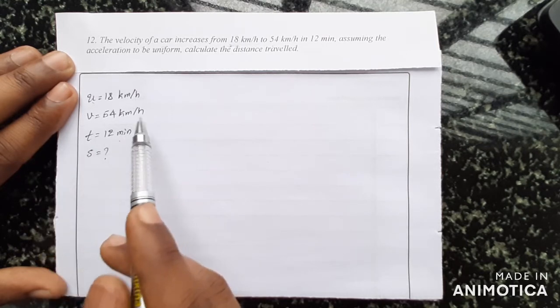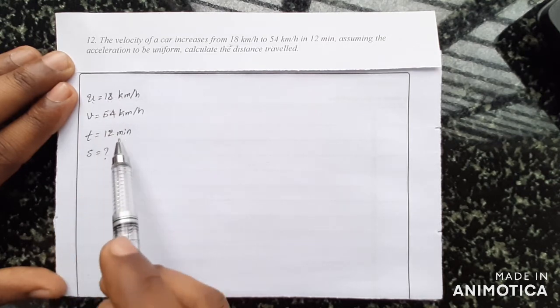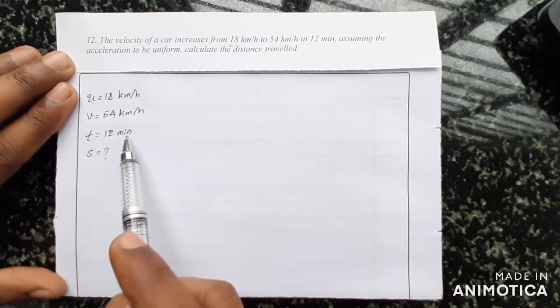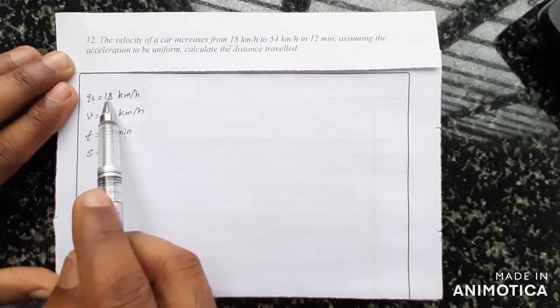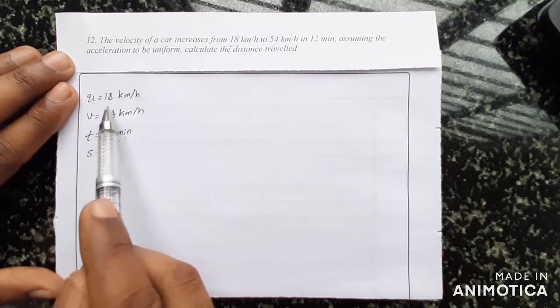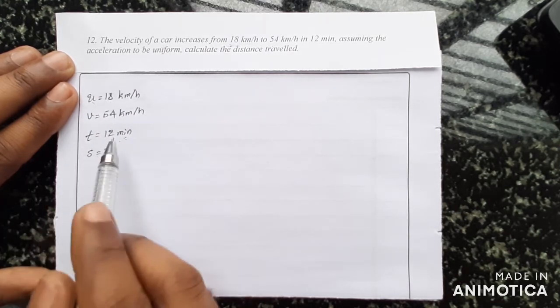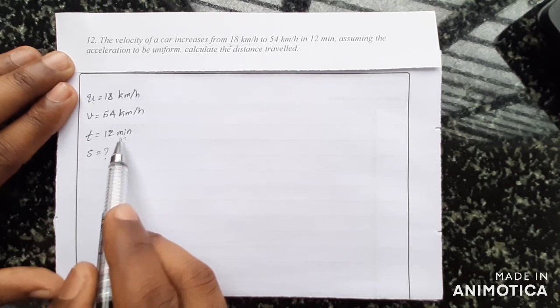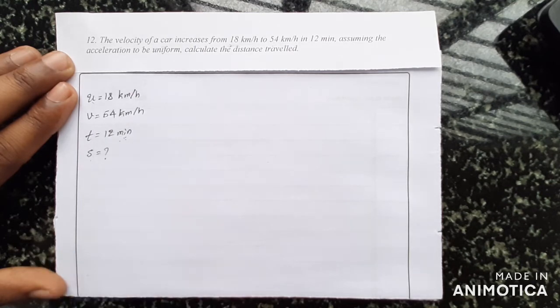Or we can also do one thing, we can convert minute to hour. Even if we convert minute to hour, then also we will have all the factors u, v and t in the same units, kilometer and hour, and hence we can get displacement in kilometer.